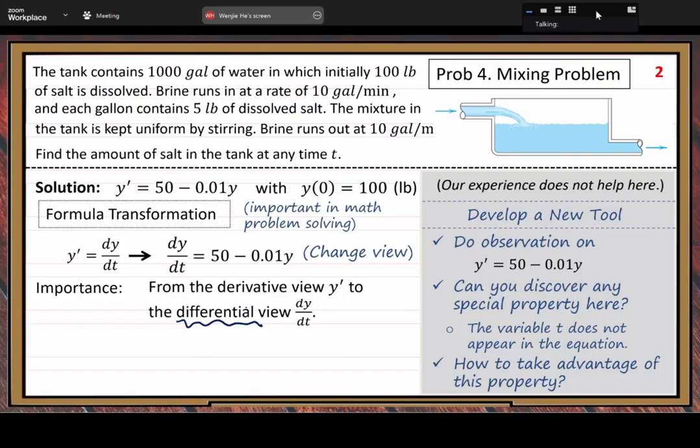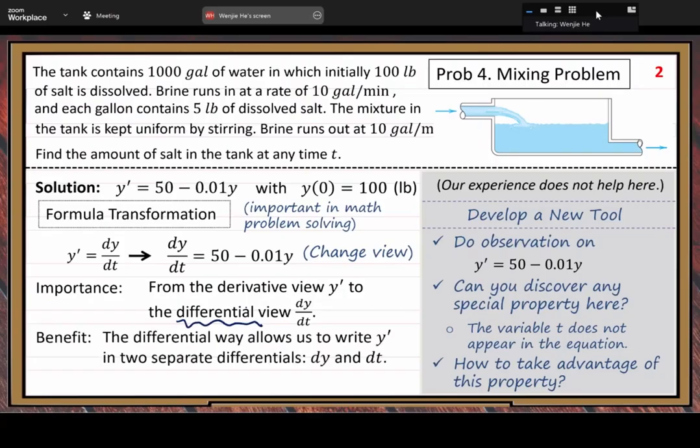The benefit of this new view is that the differential allows us to write y prime as two separable differentials, dy and dt. That's the main reason we take the differential view.